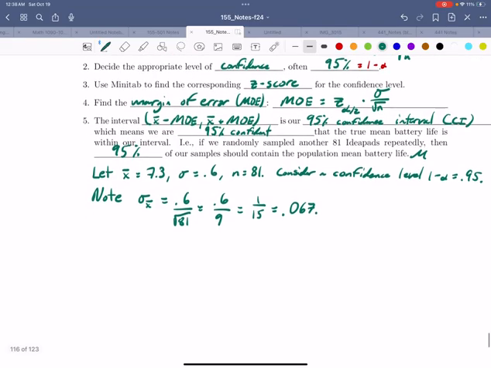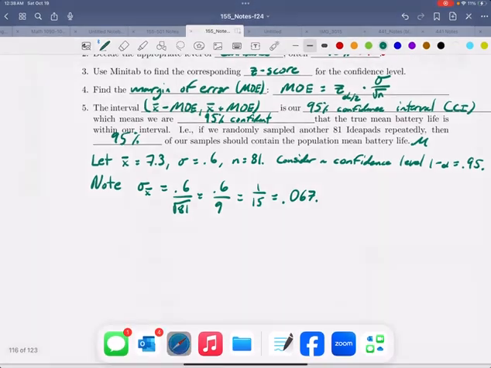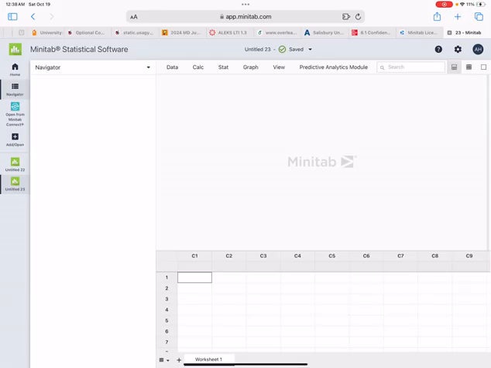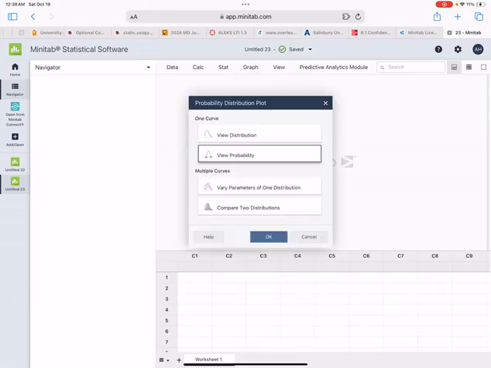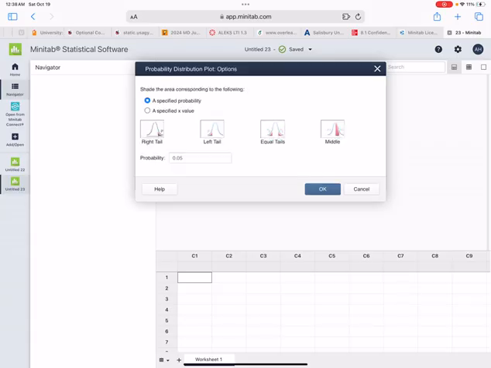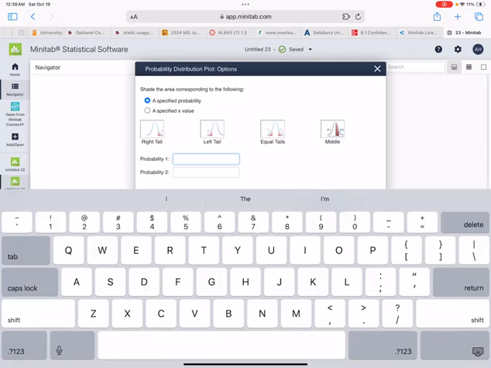So first off, we're going to go to Minitab and find the appropriate z-score. Okay, so we go to graph, probability distribution plot, view probability, right? Same as before. But we're going to leave the mean and standard deviation alone. View probability, we're going to do middle. And this is a little technical right here.